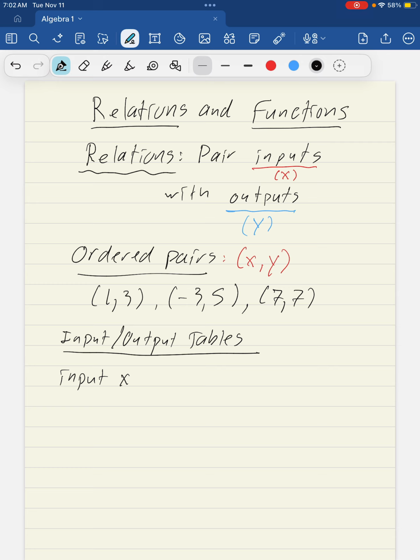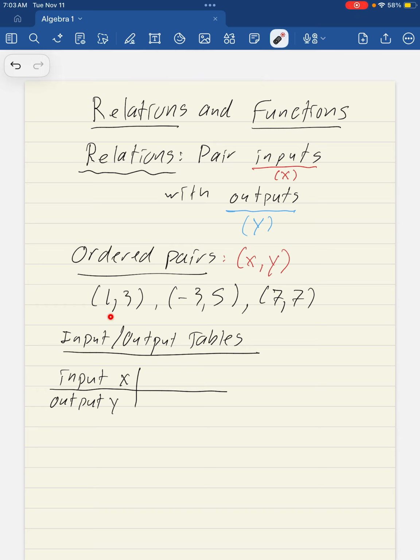So we'll call it input x, output y, and then you have the same information, just placed here. With ordered pairs, we have to remember the first number is the x, the second number is the y. So we take the same numbers and put them here.